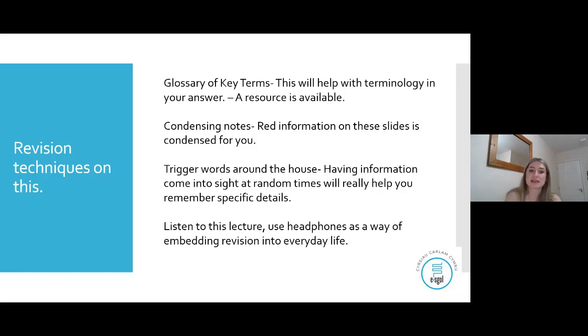Instead of thinking to yourself, right, I'm going to sit here now and I'm going to revise for an hour, well, try and bring the revision into your life rather than it take over your life. So headphones in and listening to this lecture whilst you're walking to school or whilst you're walking to work, or if you're on a bus, or having the trigger words so that you walk around your house and you can just see them, okay?